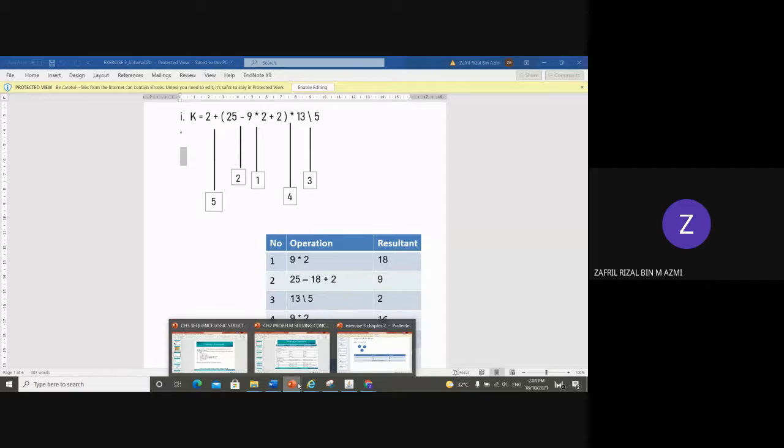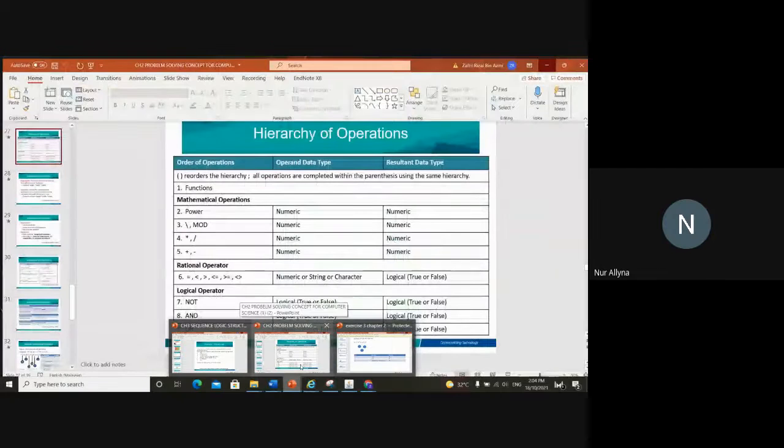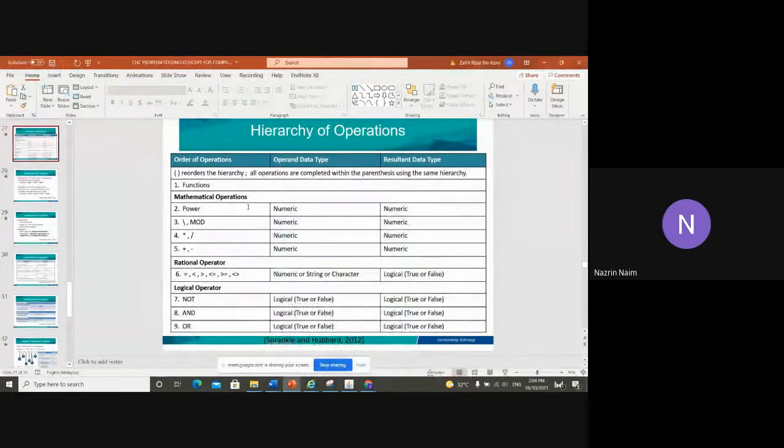Can you see my screen? Yes, sir, the table of hierarchy. So from this table, we must solve everything that resides inside the bracket first, and then function, and then power, and then slash and mod, and then the multiplication and division and so on.